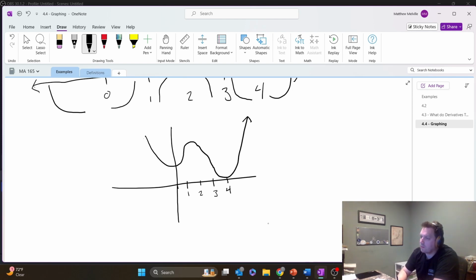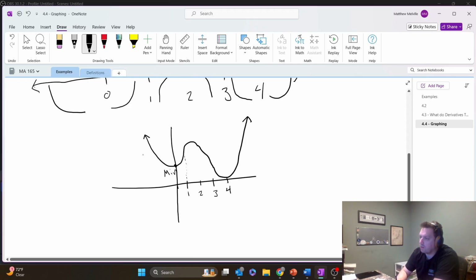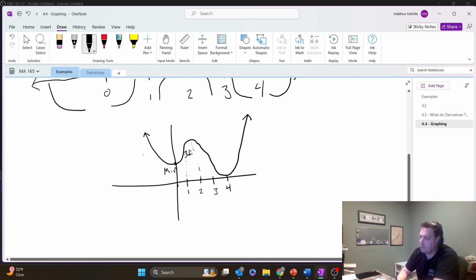Something like this. Notice that this is a minimum. So this is a min. Right here, when x equals 1, that's an inflection point. And then this one right here is a maximum.